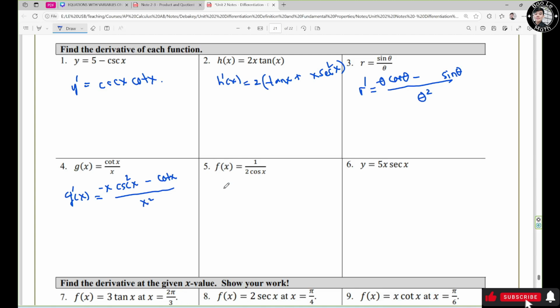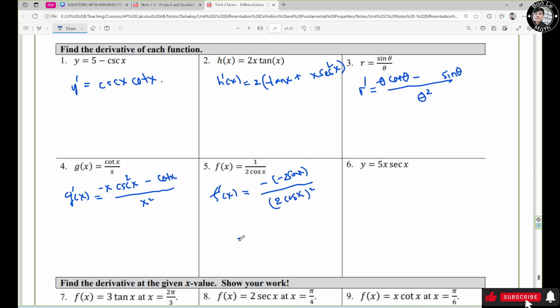Now, question 5, f prime of x is, I'm going to use the quotient rule, right? So the derivative of 1 equals 0, multiplied by this one equals 0, minus the derivative of 2 cosine x, which will be negative 2 sine x, over 2 cosine x all together squared, right?